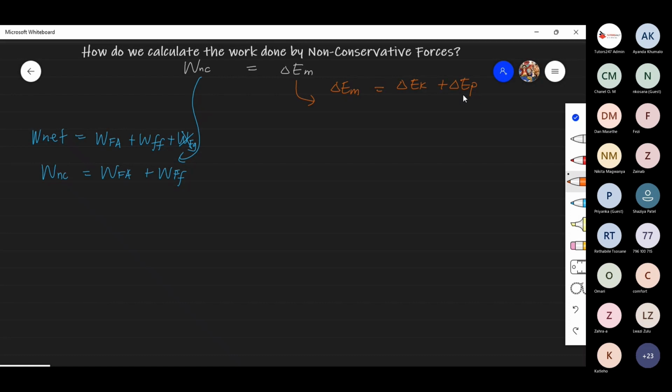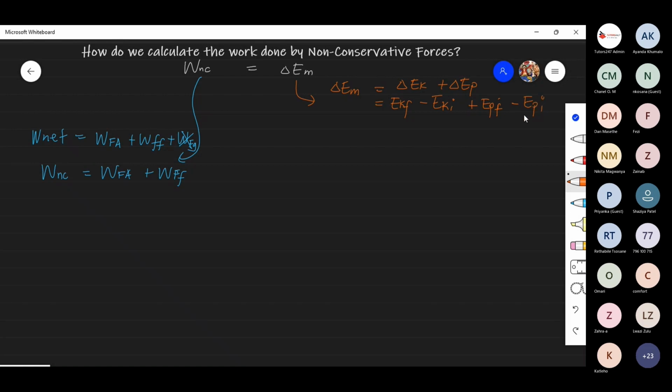Now, we can also break up these kinetic energies and potential energies into more formulas, right? So we know that the change in kinetic energy refers to our final kinetic energy minus our initial kinetic energy. And our change in potential energy refers to the final potential energy minus the initial potential energy.